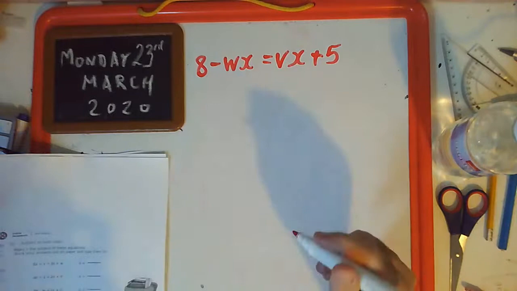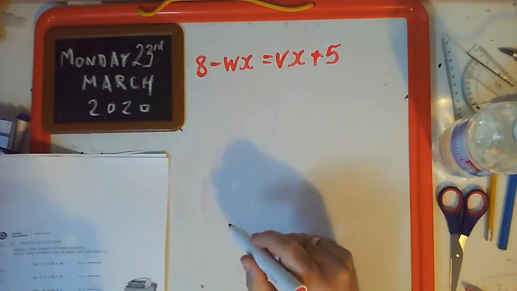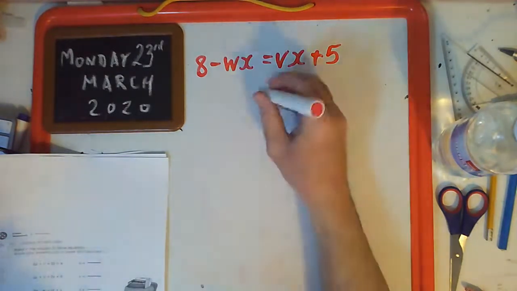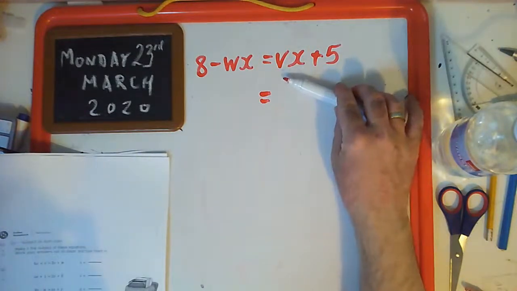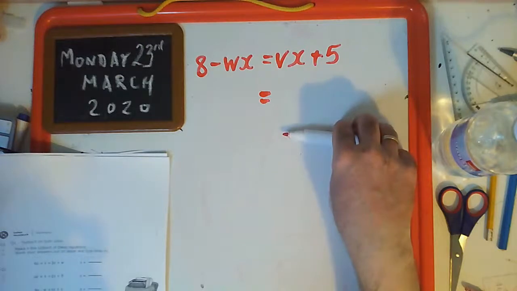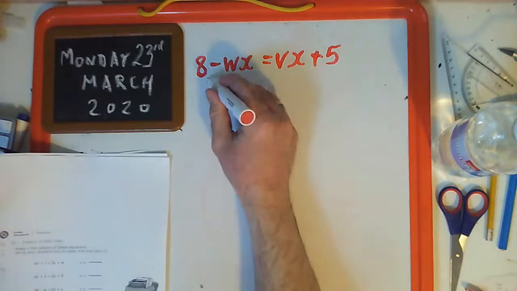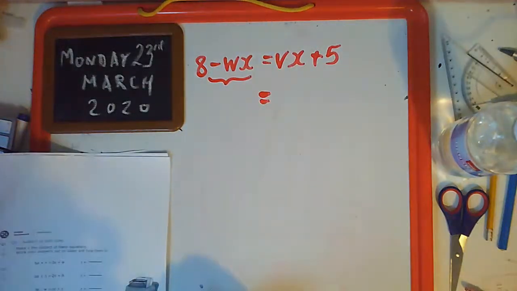So I've got x's on the left and x's on the right. So there's two ways I could get rid of x's. I could take away vx from the right to make vx disappear, or I've got a minus wx here. So to make that disappear, I would have to add a w times x to both sides.